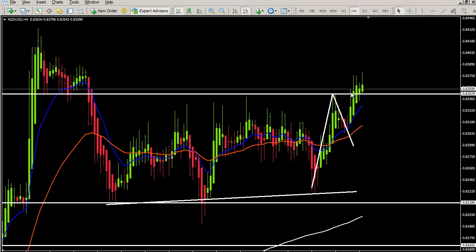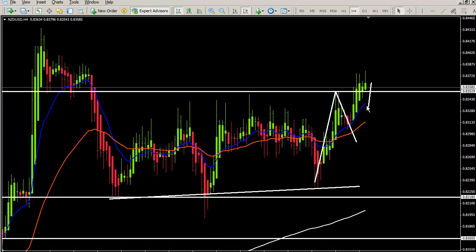The price already moved over this level, but it's not confirmed. And what I mean by that is the price could still create a red candle and move down back in this ranging area, right? If that happens, it would not confirm a continuation of an uptrend.